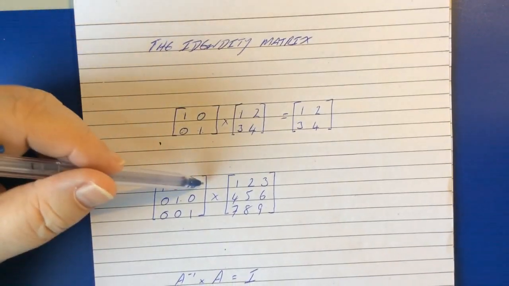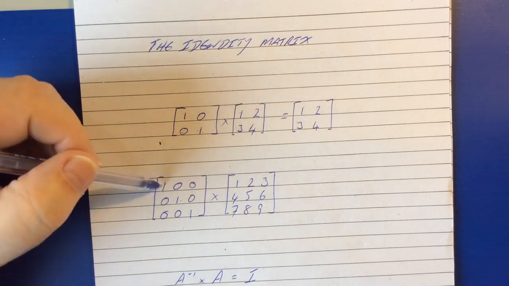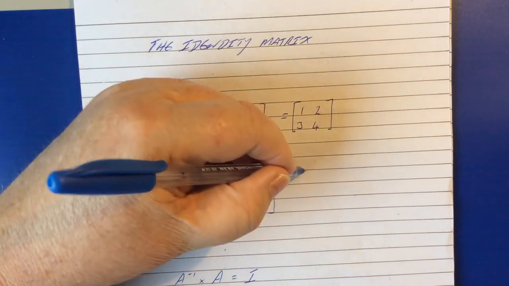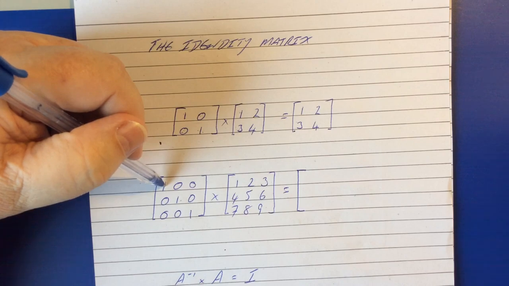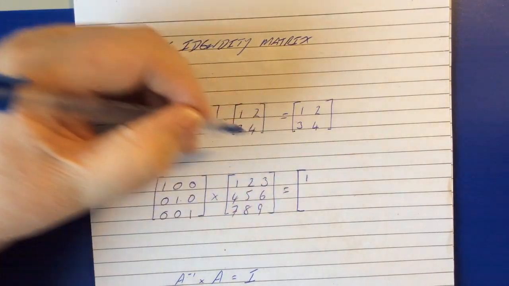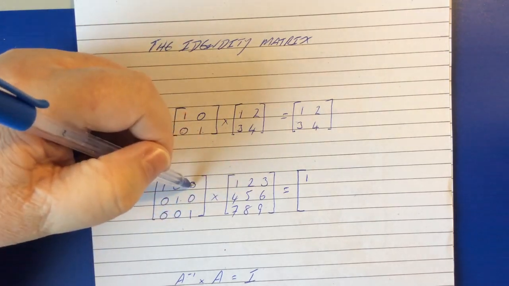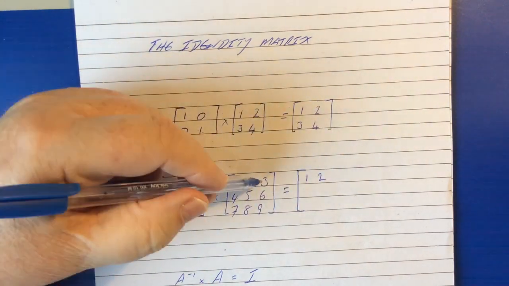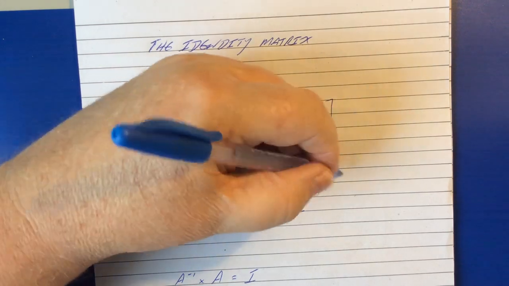Okay, so let's do something similar here. We're going to take this row of numbers and multiply them by this row of numbers, and we'll see what we get. So that's 1 times 1 plus 0 times these two numbers, so that's 1. 1 times 2 plus 0 times these two numbers, that's 2. 1 times 3 plus 0 times these two numbers, that's 3.